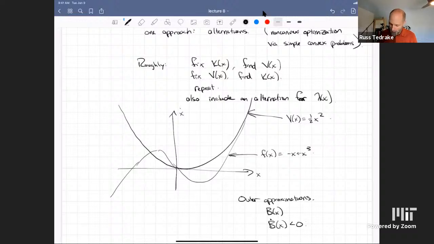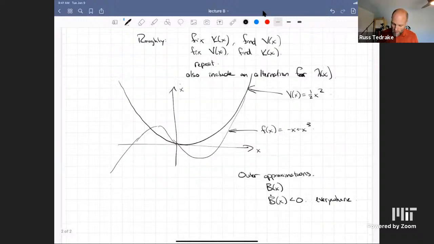But now I'm going to have it everywhere. Okay, and I want to say that B of 0 is greater than 0.